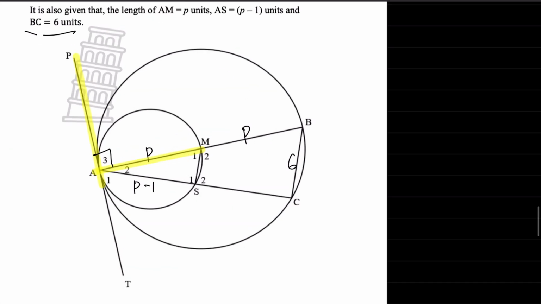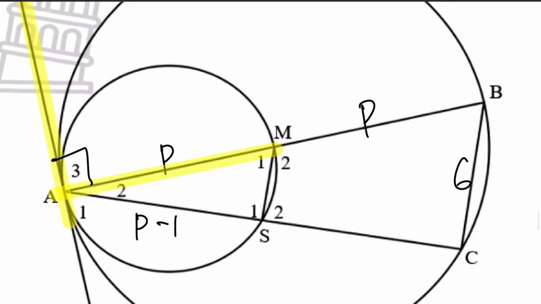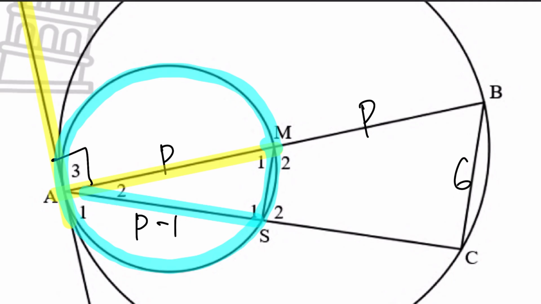Next, if we focus on the small circle right here, this line AM closes up on this angle right here. You could think of it as tan chord, or angles in a semicircle. This angle right here, S1, is also going to be 90.